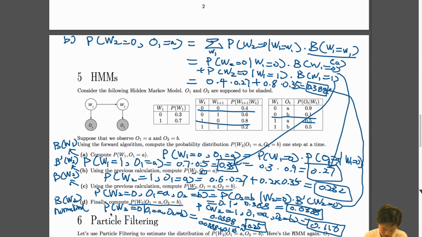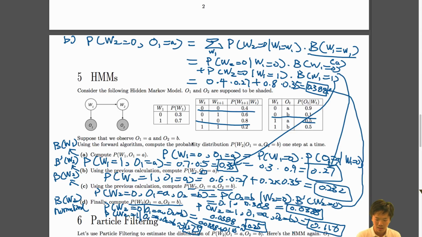And for W2 equal to 1, it's the same idea, but you just put 0.116 on top instead of 0.0388 on top, and that's going to come out around 0.75. Okay. So I hope this walkthrough of the problem is helpful.